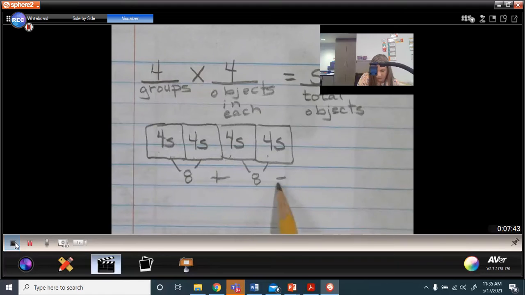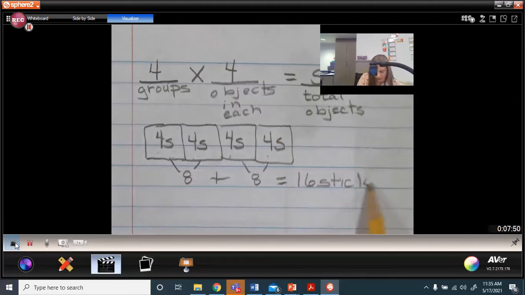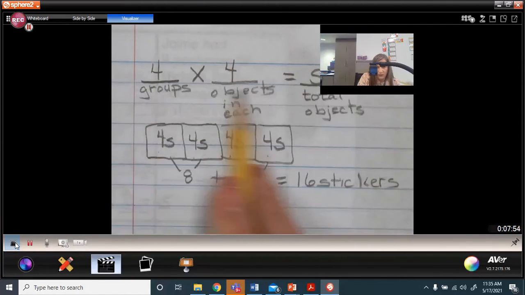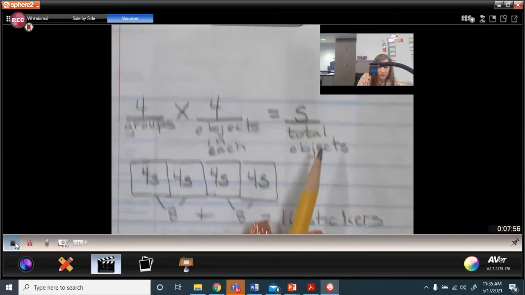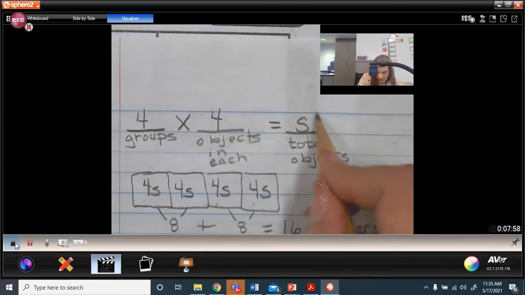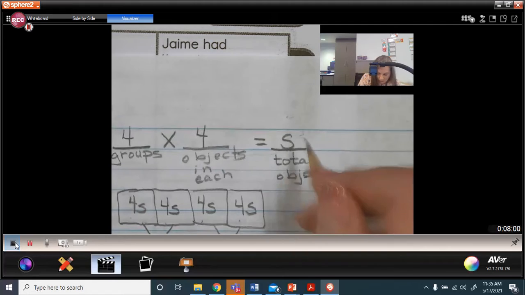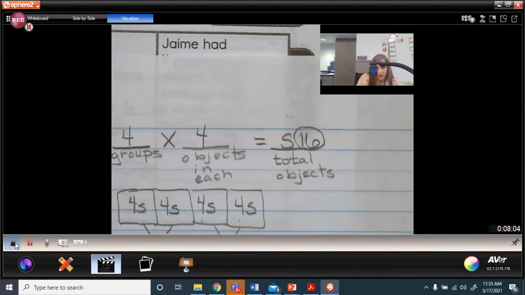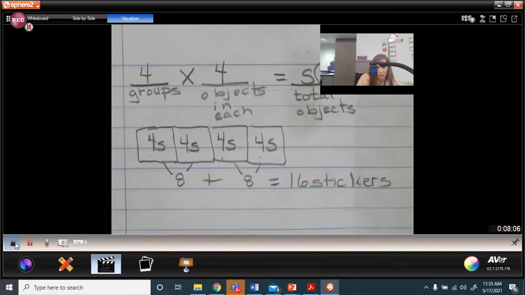And my total number of stickers is going to be 16 stickers. So I have an equation. Here's my equation. I'm going to fill in my total, which is 16 stickers. And I have a model to show my work and how I worked it out. So, nice job.